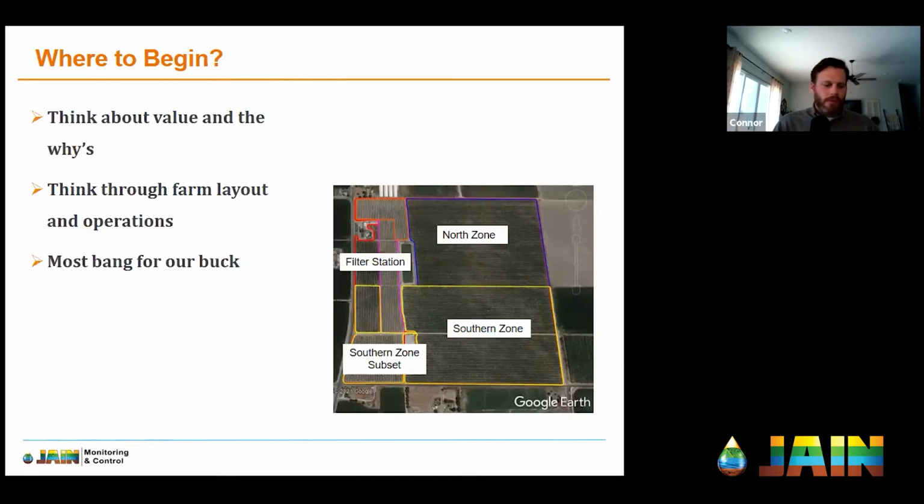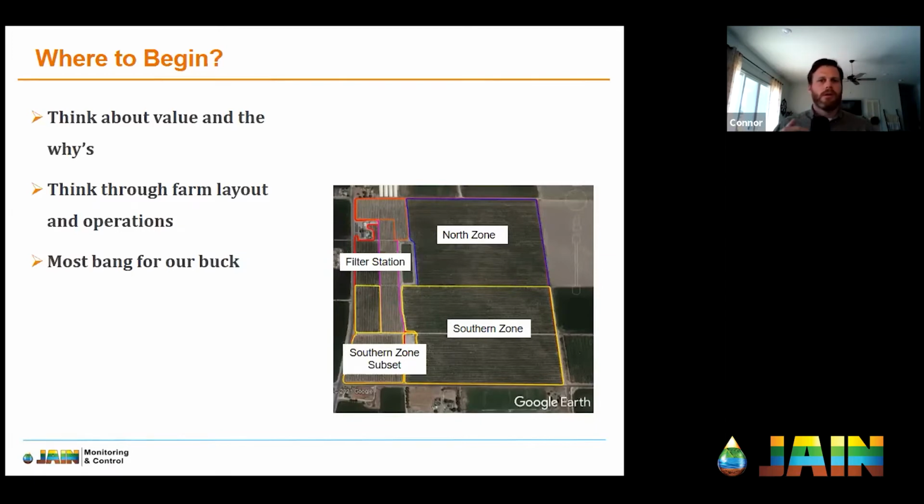We have a lot of people that come and tell us about other solutions that they may have tried or other companies that they've been approached by. A lot of people in the space have been sold on various solutions that are more of a ready, fire, aim approach. What I'm trying to bring forth today, and what Jain is all about, is ready, aim, fire.